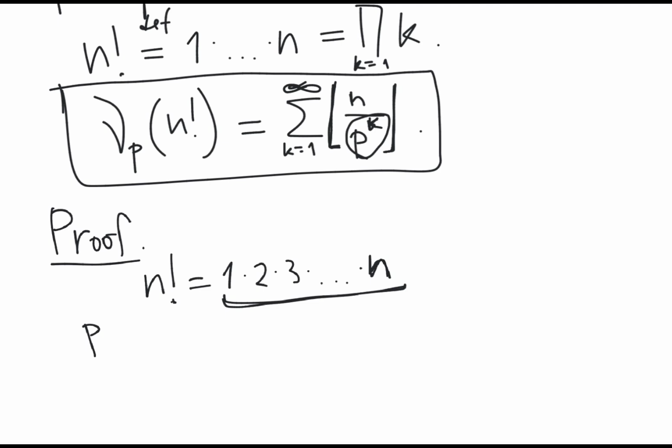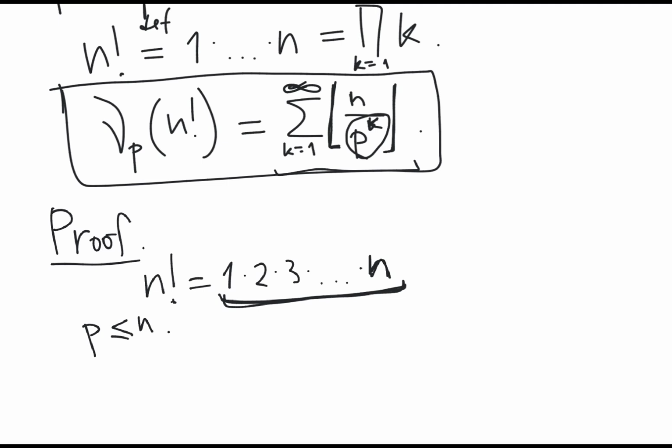If p is greater than n, then there is nothing to prove: none of the numbers from 1 to n are divisible by p, the p-adic valuation is simply 0, and the sum is 0. So the formula is trivial. The non-trivial case is when p is less than or equal to n.